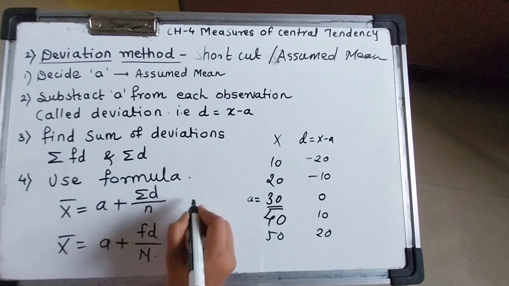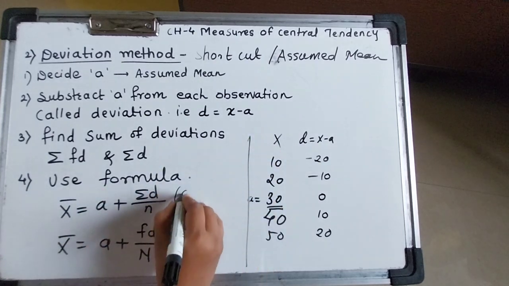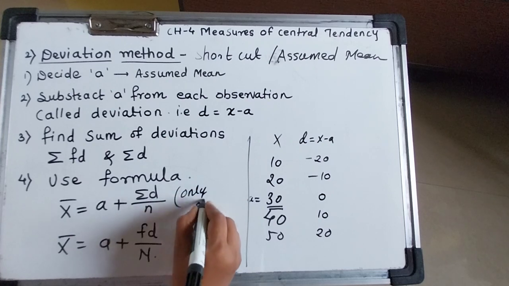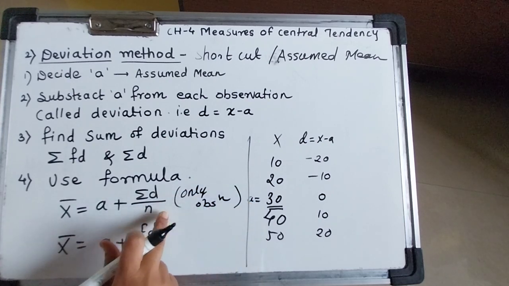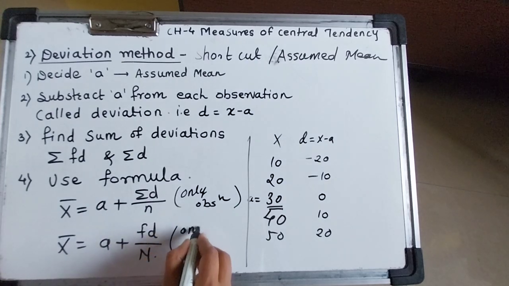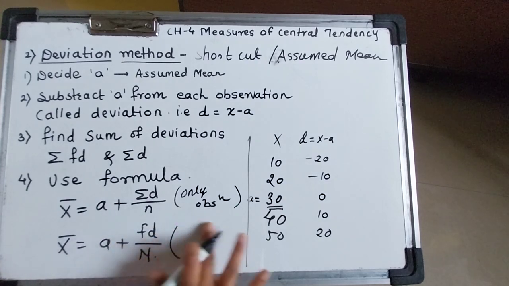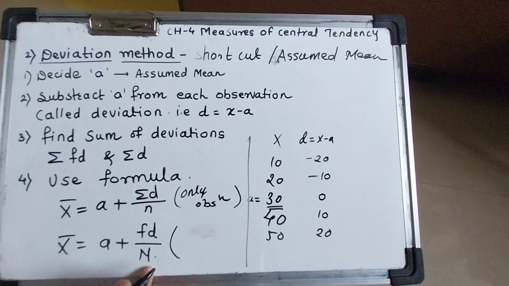Which formula? This formula is for only observations. If they give observations only, then we use this formula. And if they give a frequency distribution, we use this formula: A plus summation FD upon capital N. A is the assumed mean. FD, from the frequency distribution table we find the summation FD.